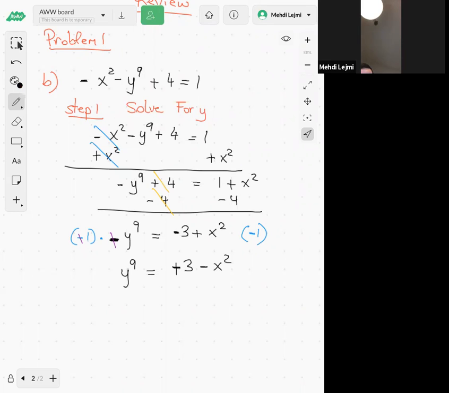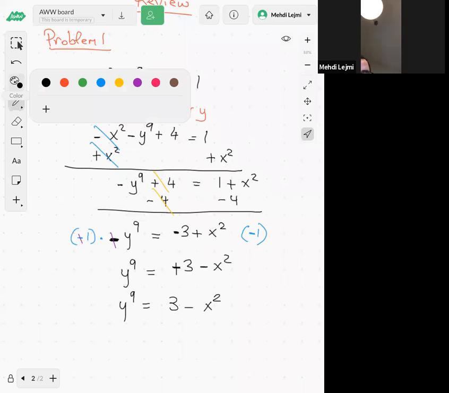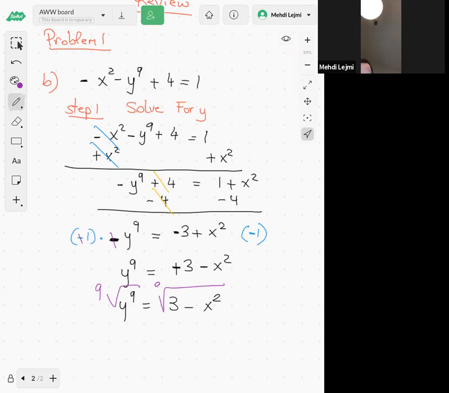Then I'm going to apply the 9th root to both sides. Because the power here is 9, there's no plus or minus, because 9 is odd.